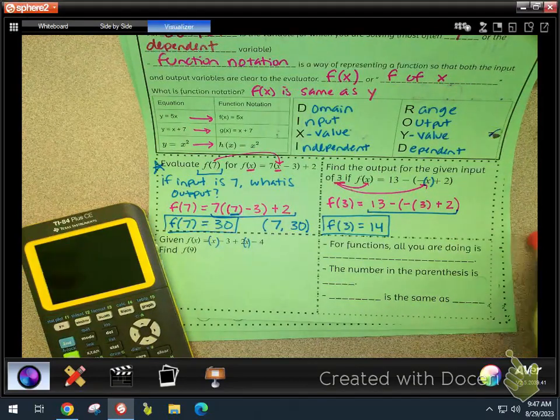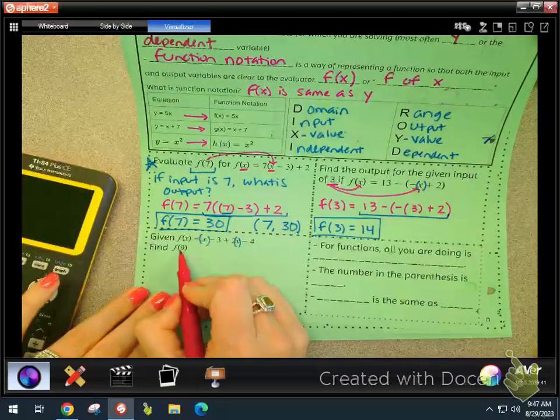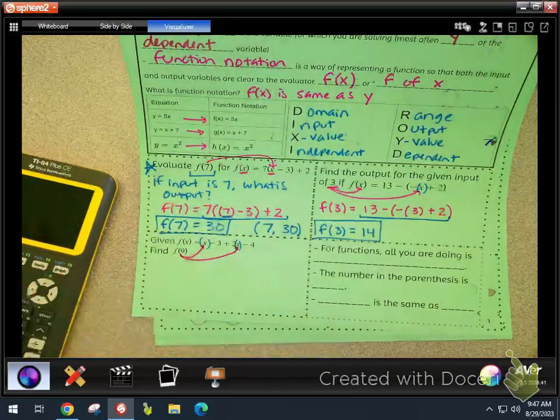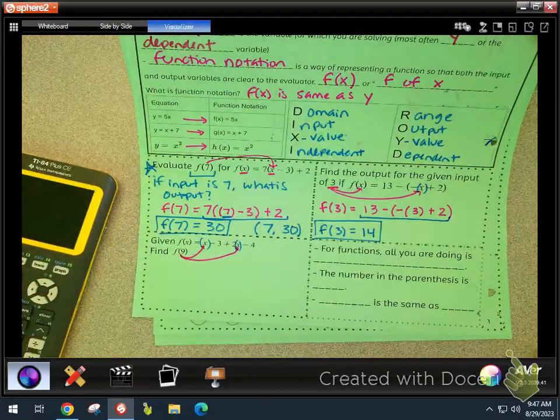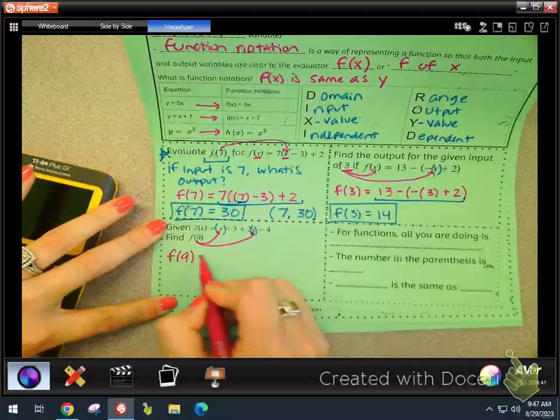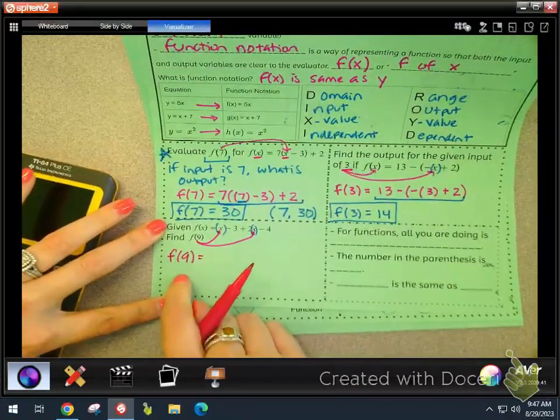Y'all don't overthink this, okay? You are literally just plugging in a number wherever you see an x, but it's important for simplification reasons that your calculator has that number in parentheses so that it follows the order of operations correctly. The calculator is doing the work for you. You just have to know how to type it in correctly. So f of 9, what's my input here? 9.